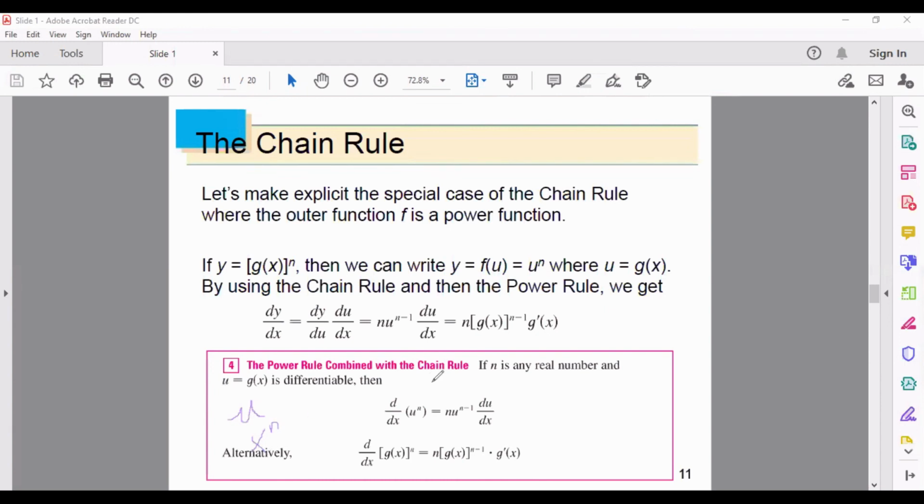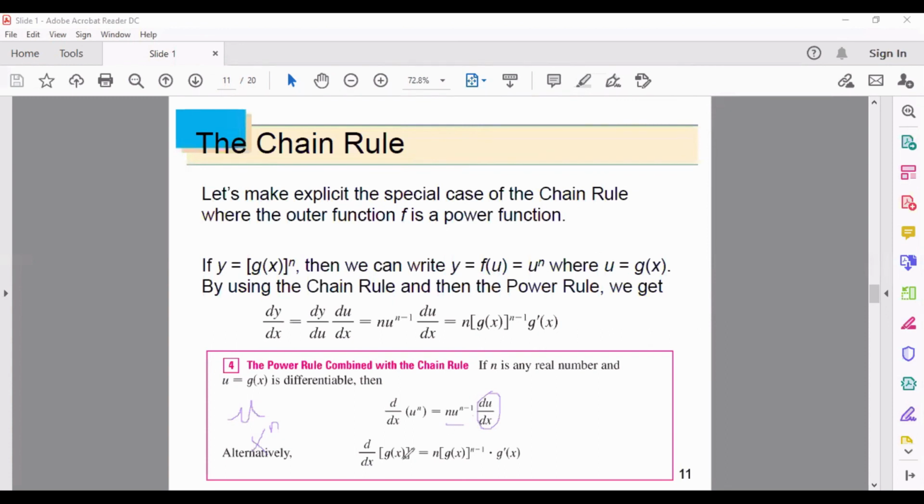We have parentheses of u to the n. Then its derivative is n u to the n minus 1 times the derivative of the insider function. This is the derivative of the insider function, and this is the derivative of the outsider function, and we have to take the product of the first and the second.